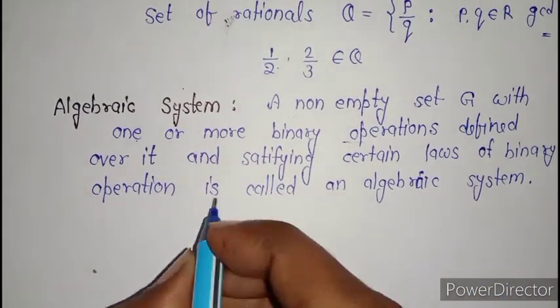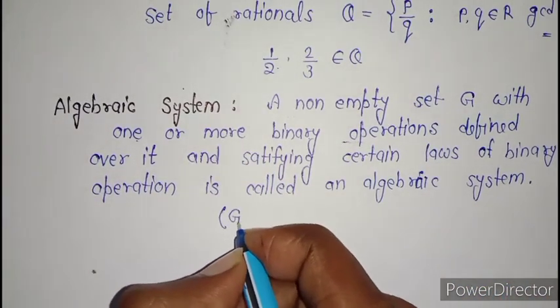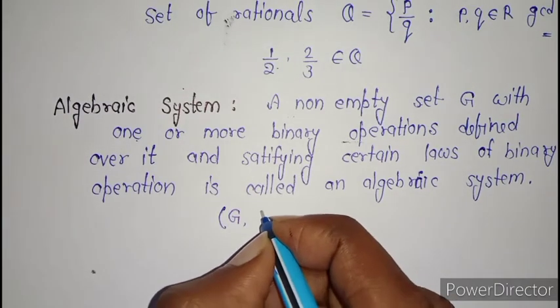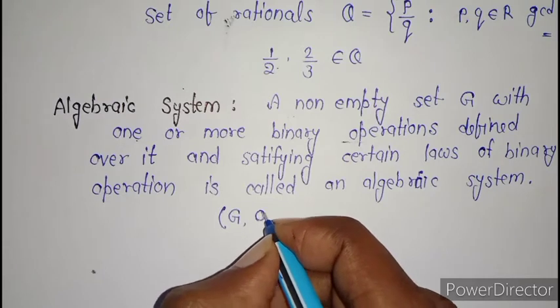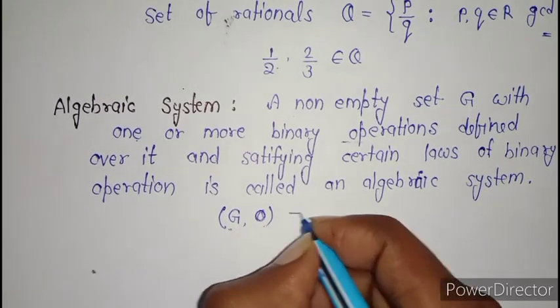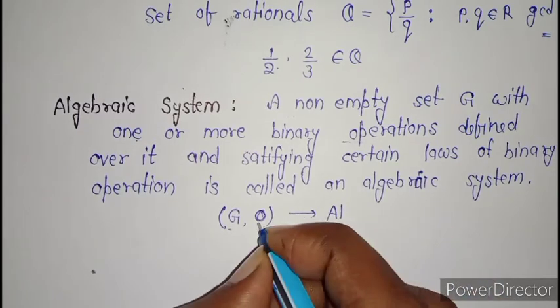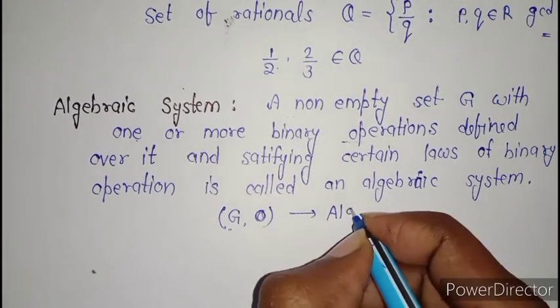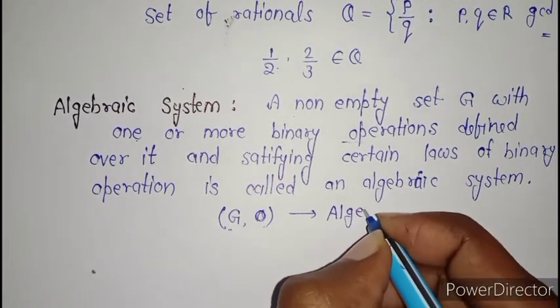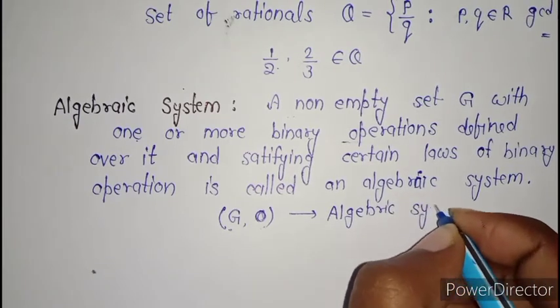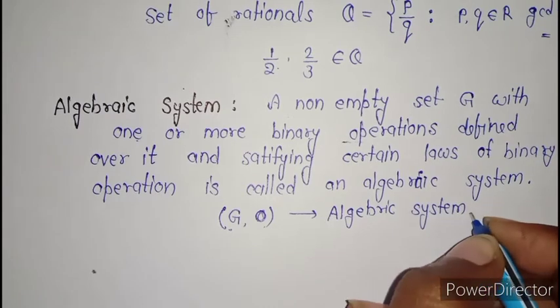So if I take a non-empty set G and a binary operation, suppose I am taking it as O, then this system is called an algebraic system. Now this O may be addition, subtraction, multiplication or division. It may be anything, but this type of system is called an algebraic system. I hope you understand this.